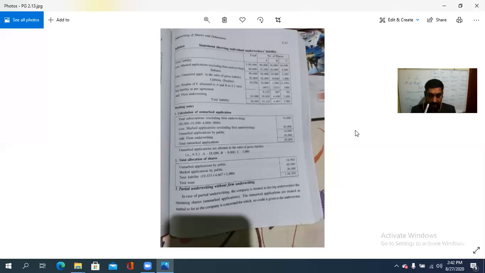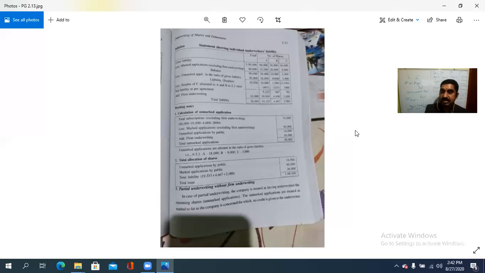So how is it to be? Total subscription, 1 lakh. Okay, total subscription or total issue for the public, 1 lakh.